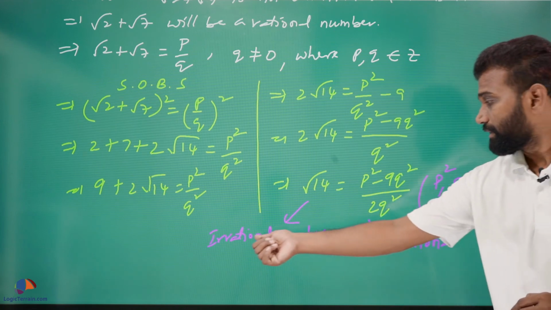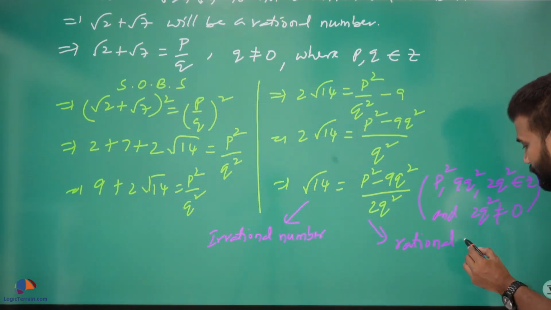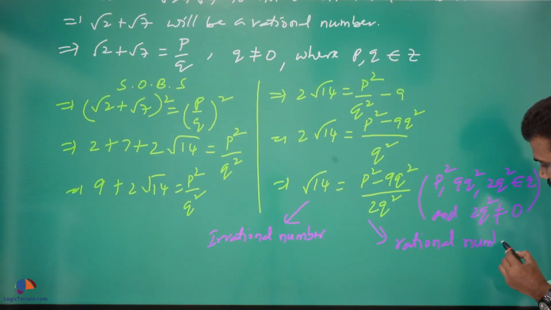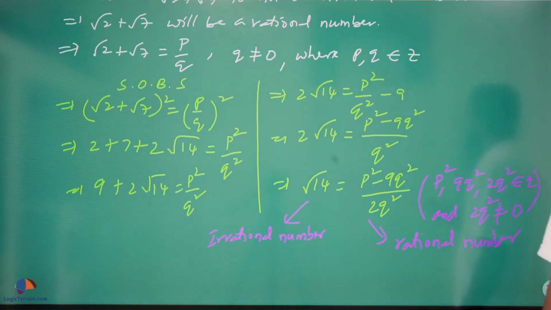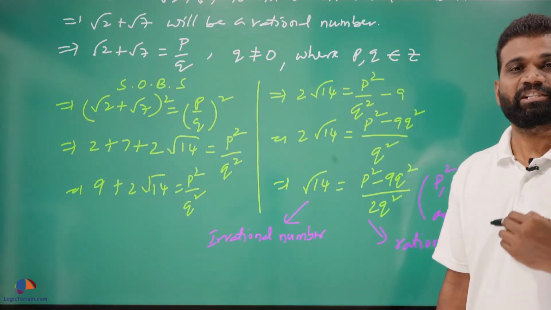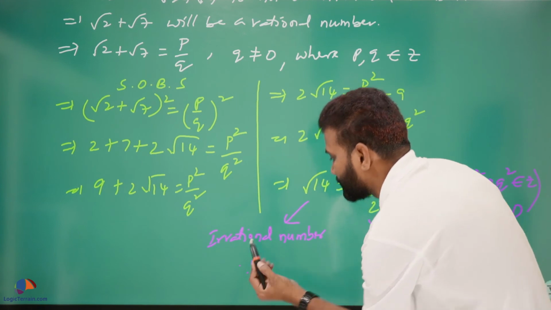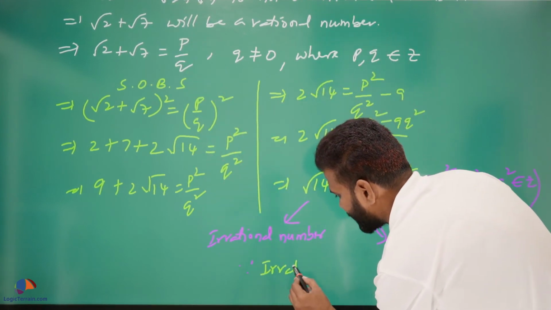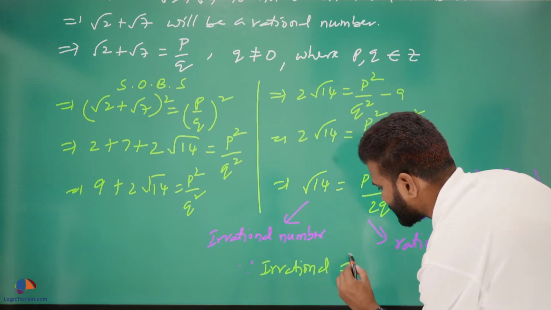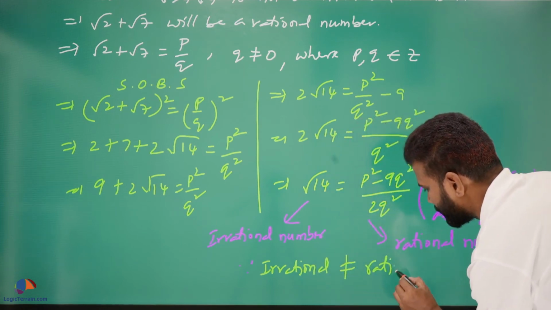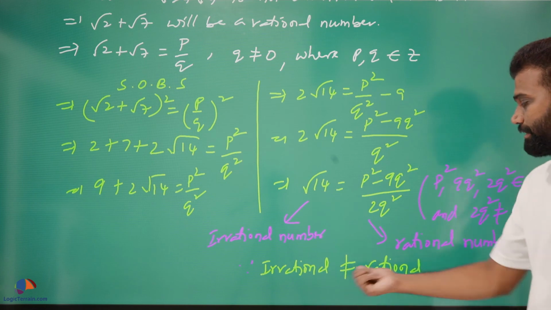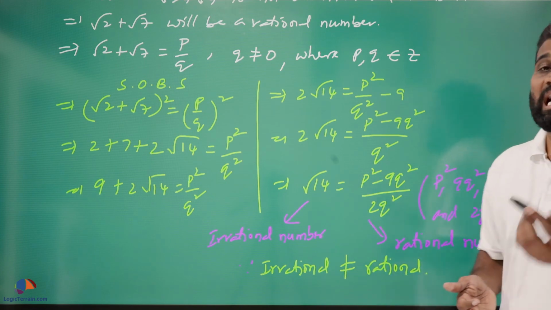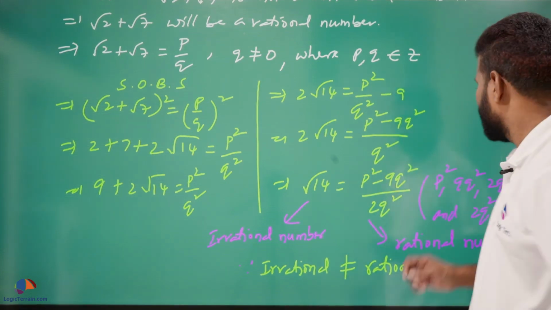But we got irrational number is equal to rational number, which is clearly a contradiction, right? Since irrational is not equal to rational. So why did we get this? Because our assumption is wrong, right?